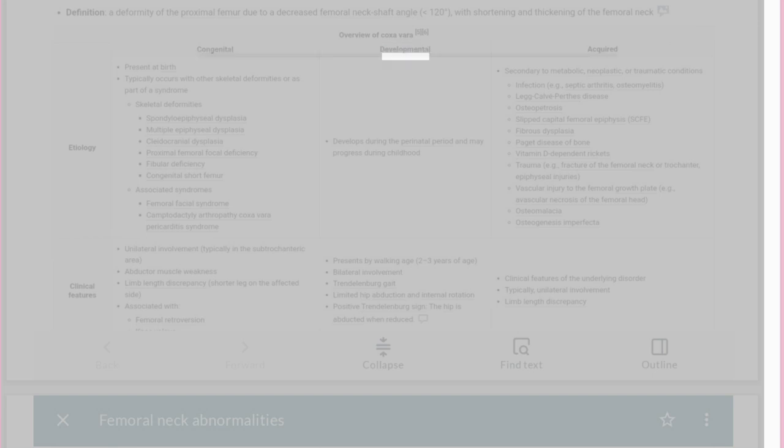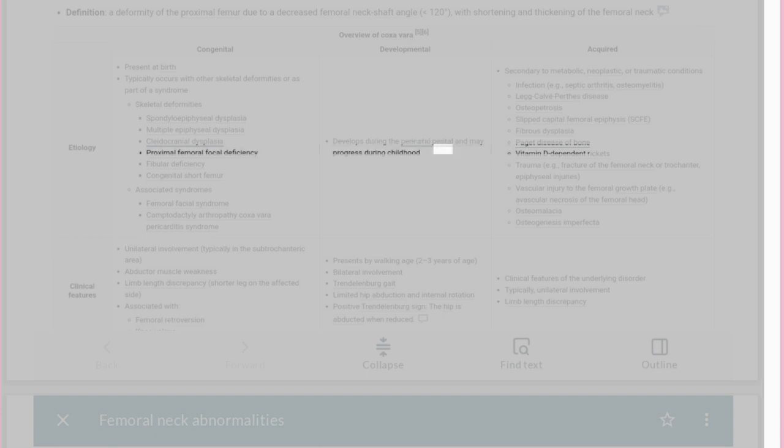Coxa vara can be congenital, developmental, or acquired. Congenital coxa vara is present at birth. Acquired forms are secondary to metabolic, neoplastic, or traumatic conditions, and typically occur with other skeletal deformities or after infection, for example septic arthritis or osteomyelitis, Legg-Calvé-Perthes disease, osteopetrosis, slipped capital femoral epiphysis (SCFE), or fibrous dysplasia. It may be part of a syndrome, such as spondyloepiphyseal dysplasia, multiple epiphyseal dysplasia, or cleidocranial dysplasia.